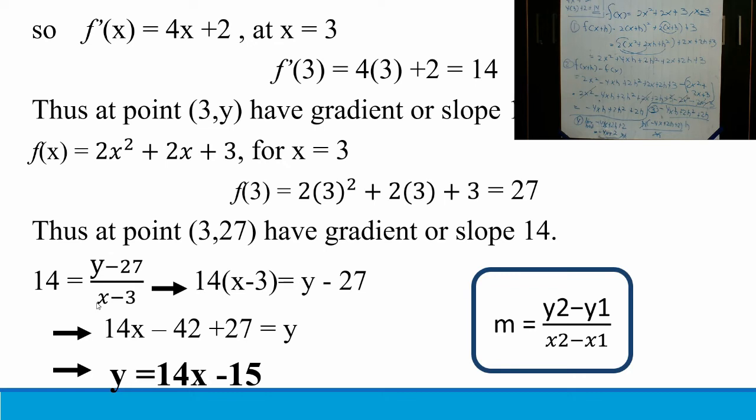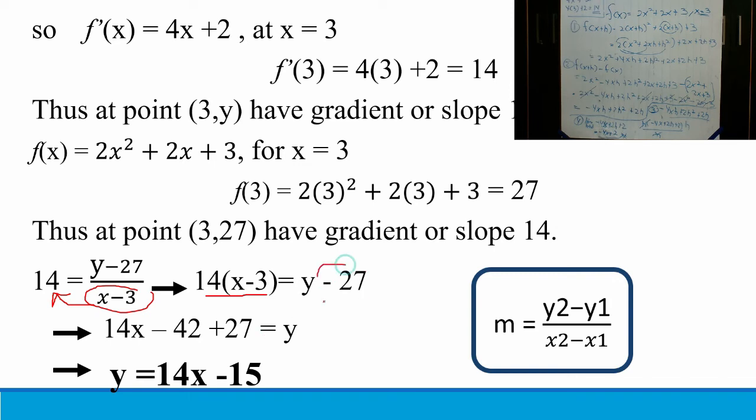And for y, x, we know that is 27, for y, x is 3. You move this one to the left side, and you will get y minus 27.